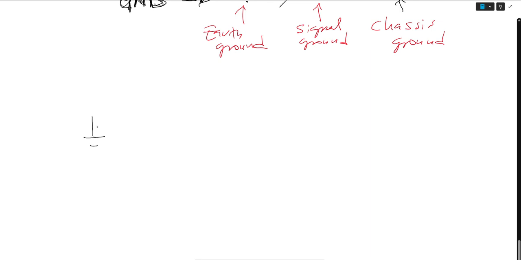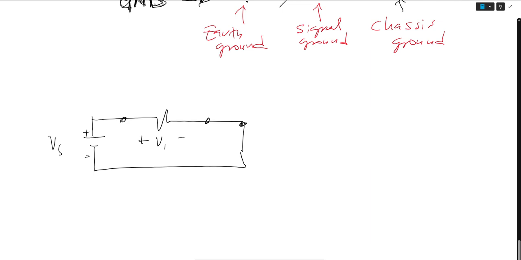So given a circuit that looks like this, where this is Vs or V source plus minus, to measure the voltage across plus or minus Vr, this is resistor R, we have this device called a voltmeter, right? And a voltmeter has little to no resistance.